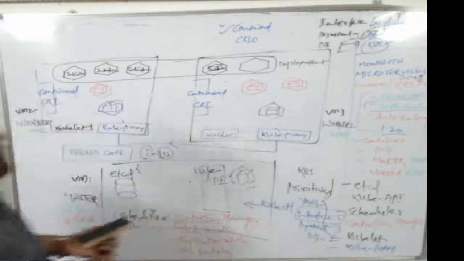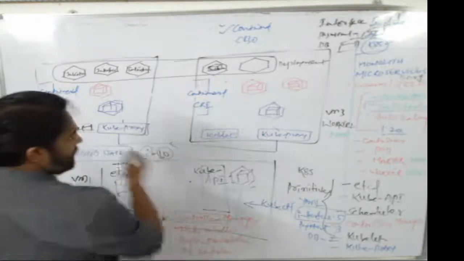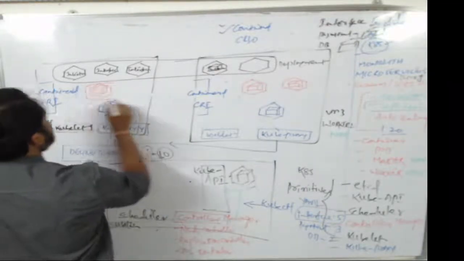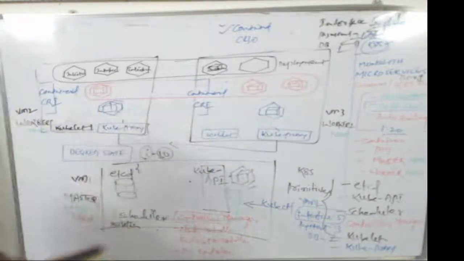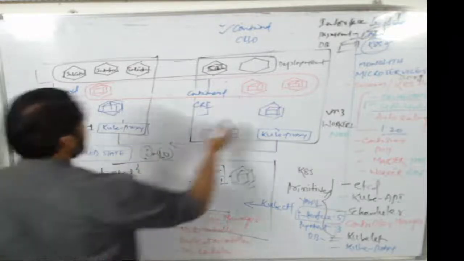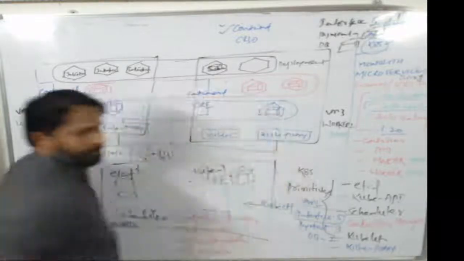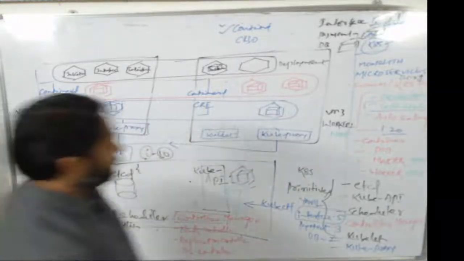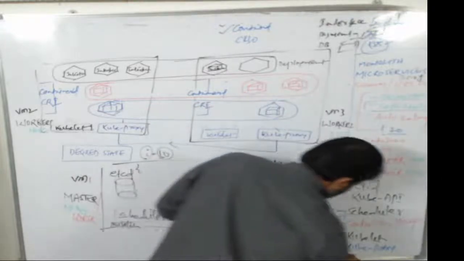Then we have a deployment of payment pods. Then we have a deployment of database pods. So what is a deployment? A group of pods is a deployment. So that's our next word.